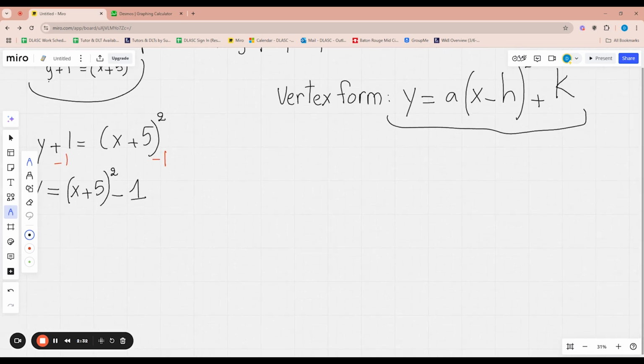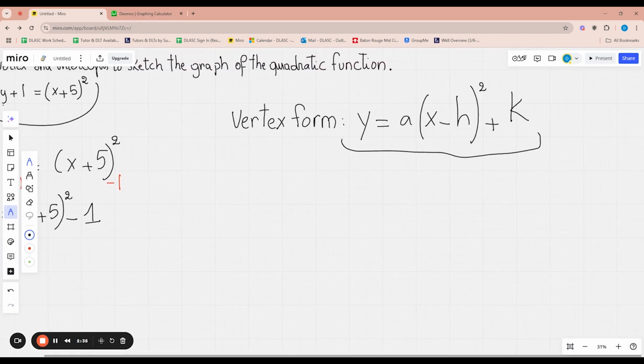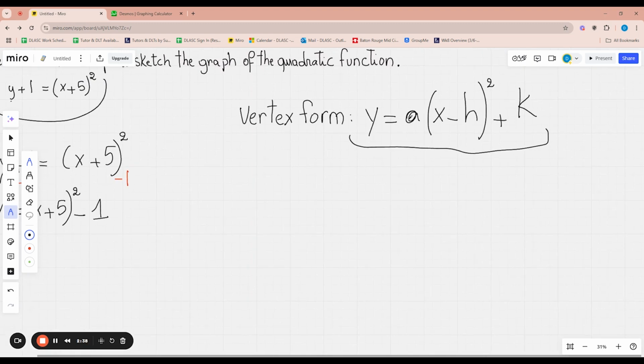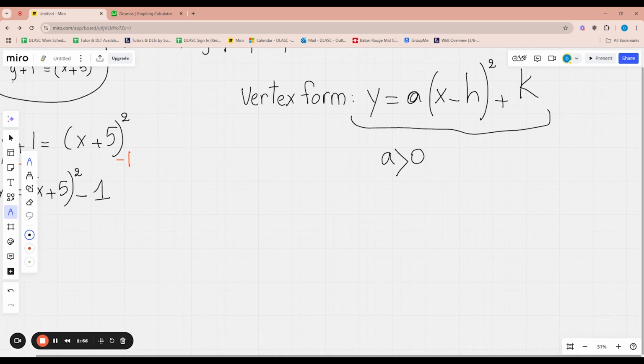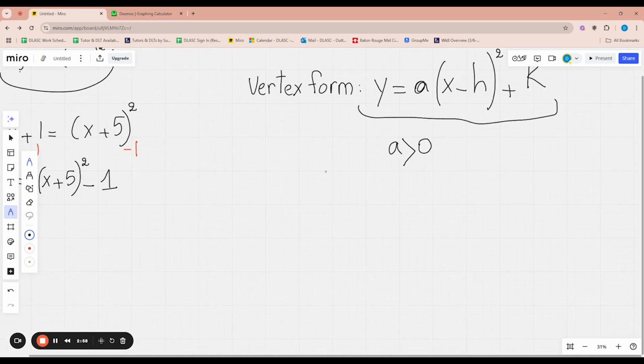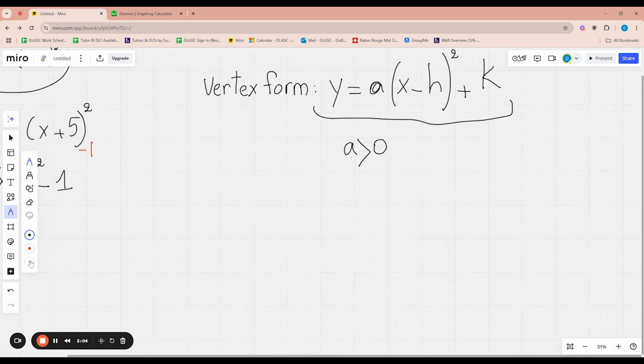Okay, let's see. This a, what does it serve for? This a controls the direction of the parabola. If a is positive, the parabola opens upwards.